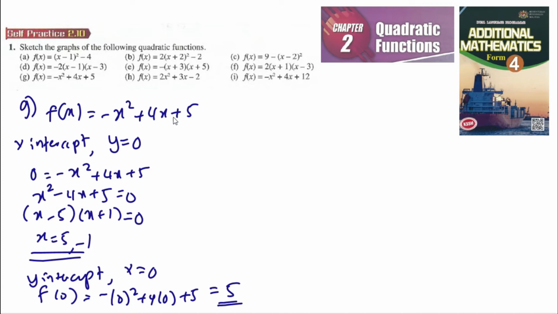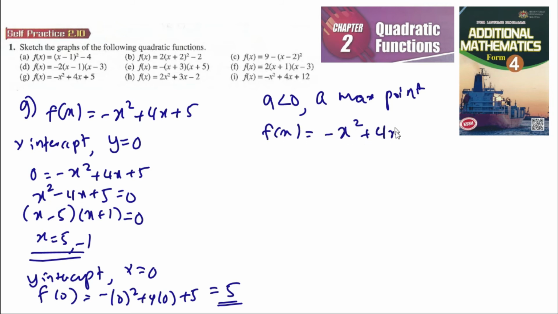And then to find the turning point, we see here a is smaller than 0, which means it has a maximum point. So f(x) is equal to negative x squared plus 4x plus 5. To do completing the square, this leading term should be positive, so we take out negative: negative (x squared minus 4x minus 5).